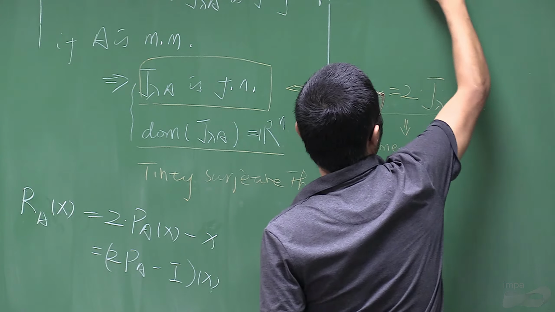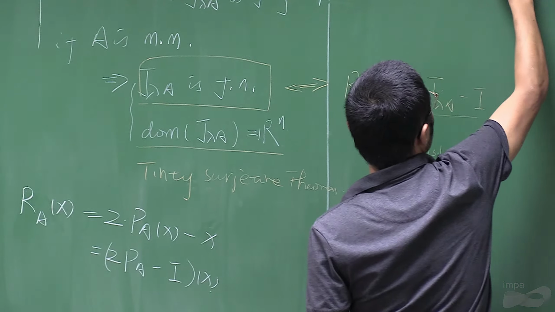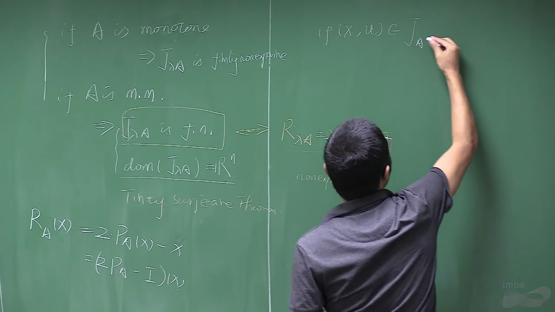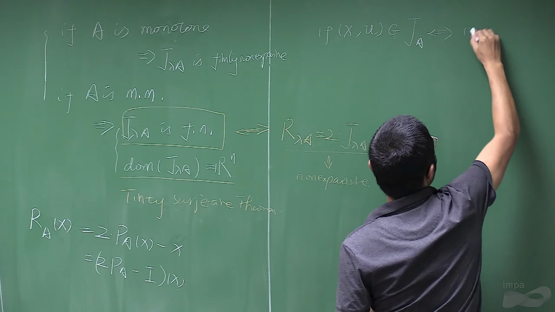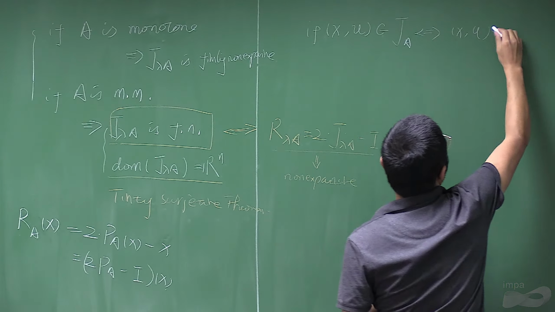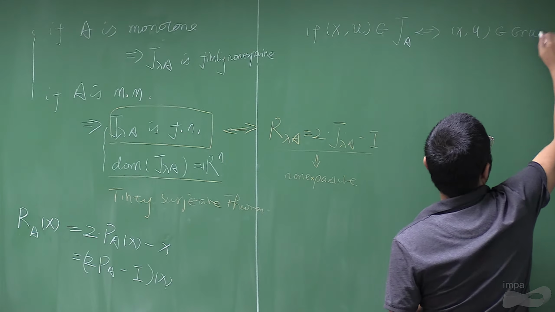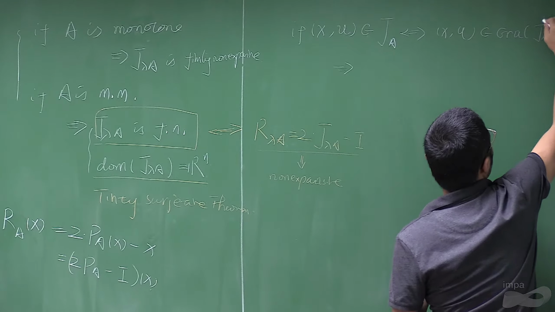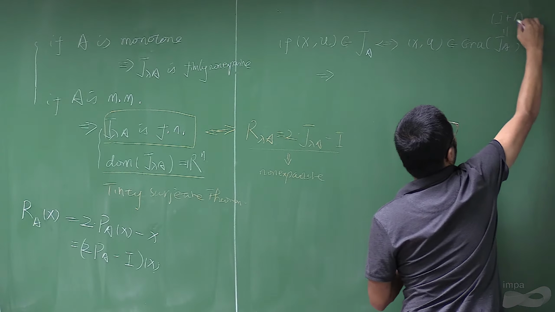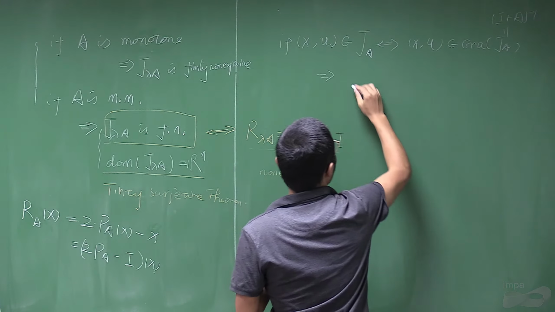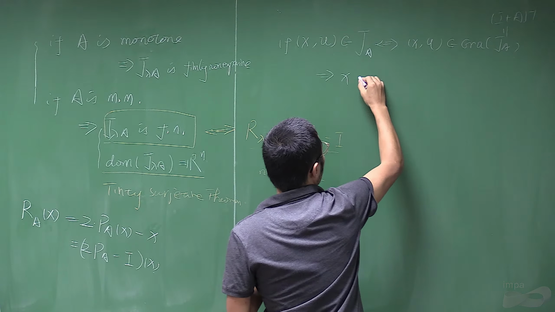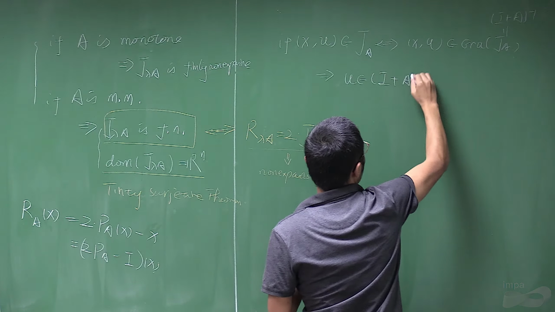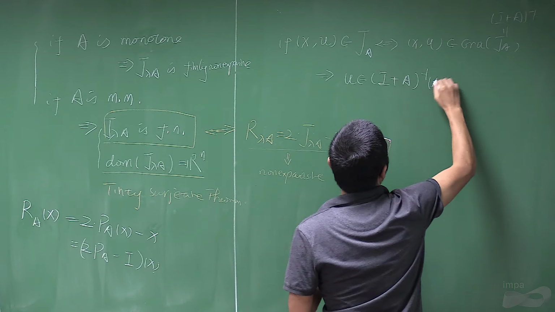If (x, u) belongs to the resolvent of A, it is equivalent to say this pair belongs to the graph of the resolvent. What is the definition here? The definition is (I plus A) inverse. So u belongs to (I plus A) inverse x.